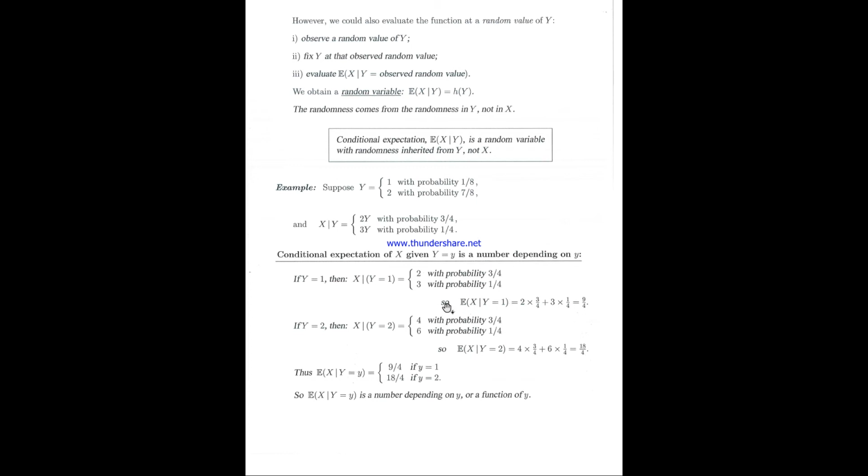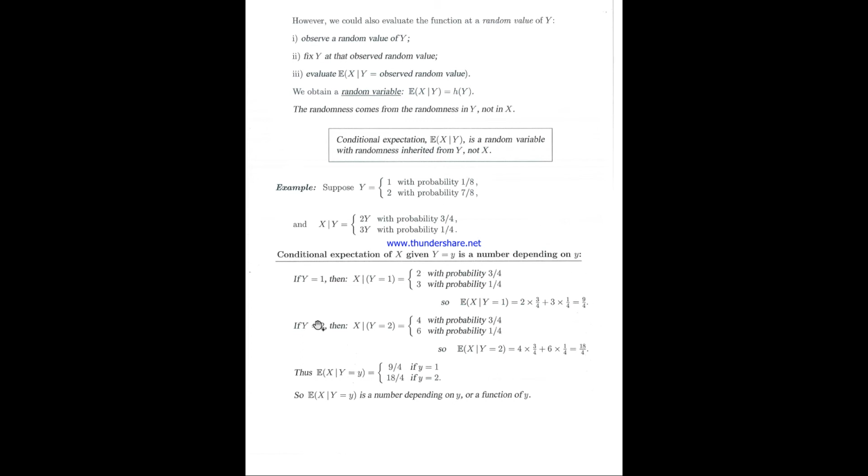So based on this conditional distribution, I can calculate the expected value of x given y is equal to 1. The first possible value is 2 into its probability 3 over 4, plus the next possible value 3 into its probability 1 over 4. When you simplify that, you will get the answer as 9 over 4.